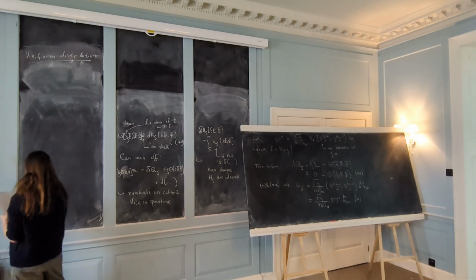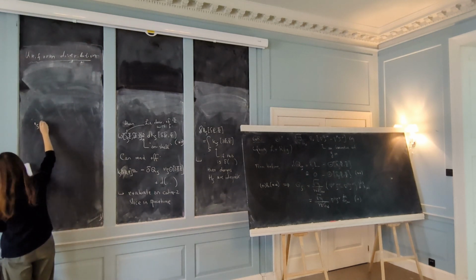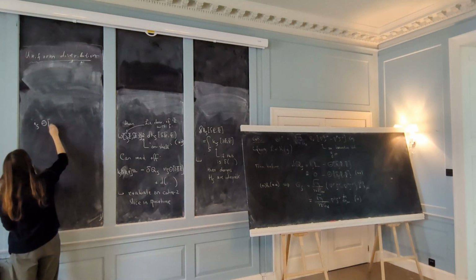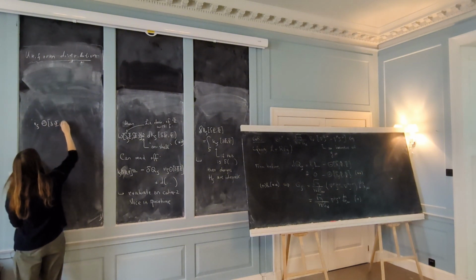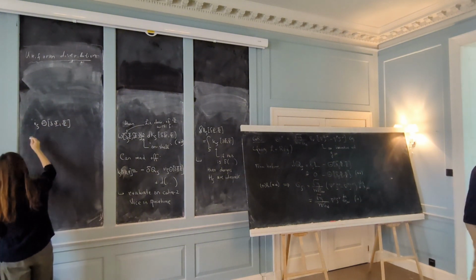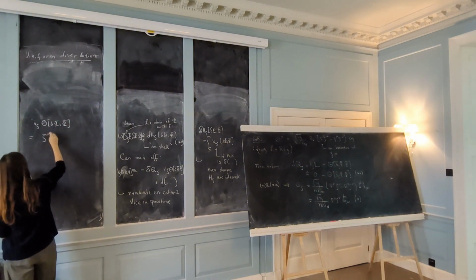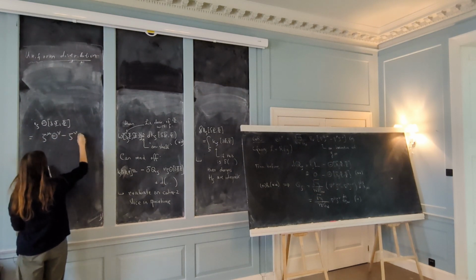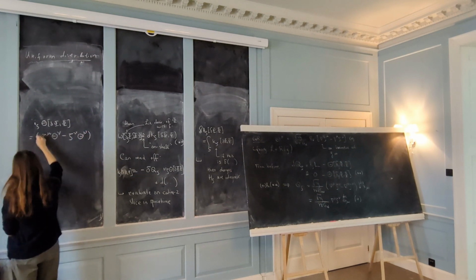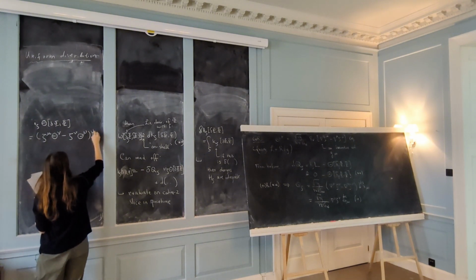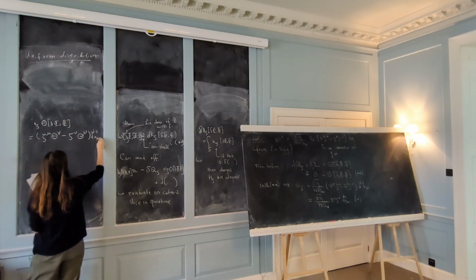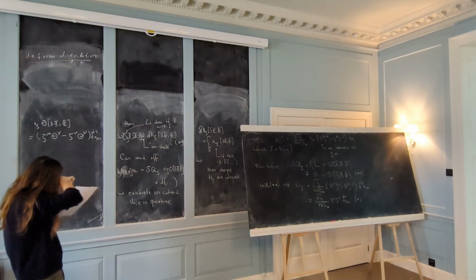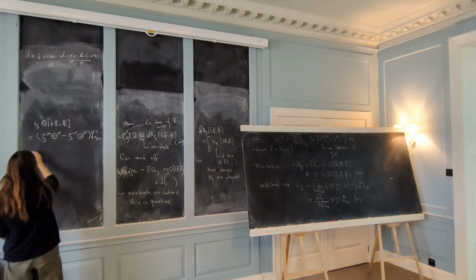So the other bit is that I, with respect to zeta of this theta, is just zeta mu theta nu minus zeta nu theta mu of this.